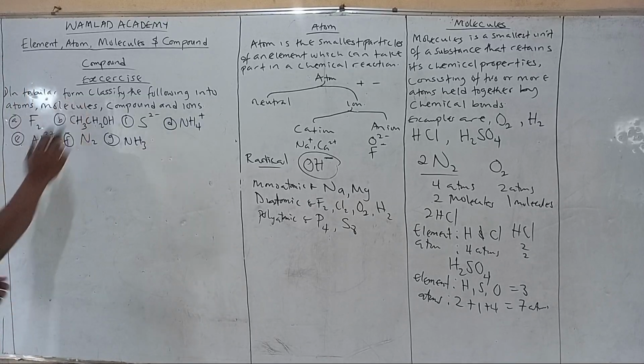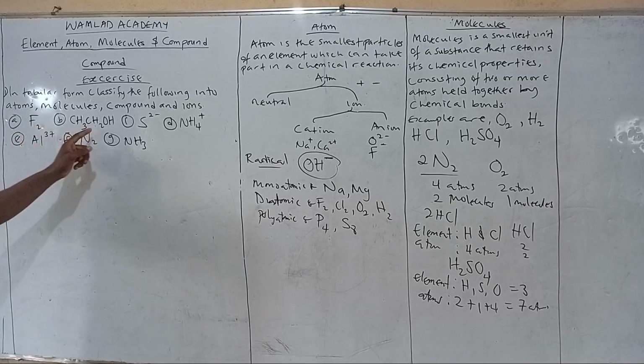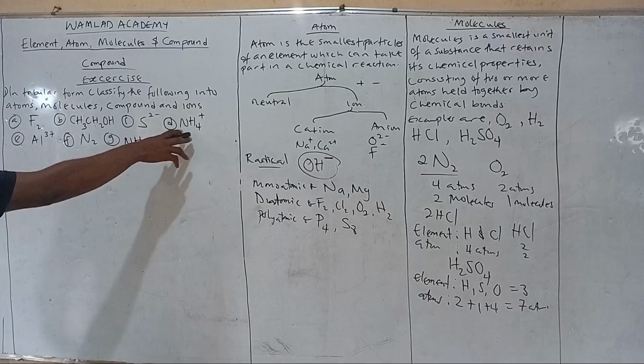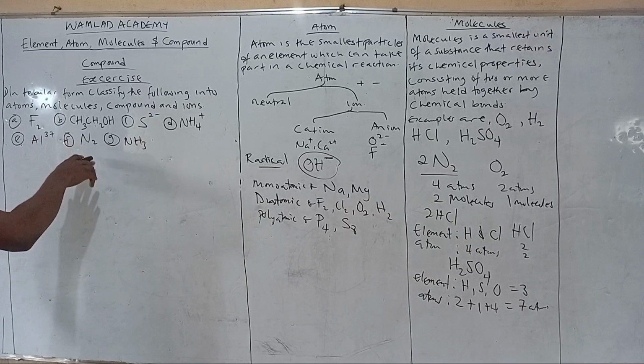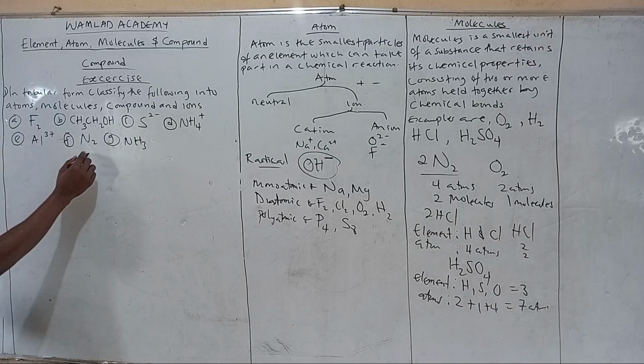It says, in tabular form, classify the following into atoms, molecules, compounds, and ions. You have F2, CH3CH2OH, S2 minus, NH4 plus, Al3 plus, N2, NH3. If you understand what you did, definitely you must be able to answer this question. Let's do our table solution.